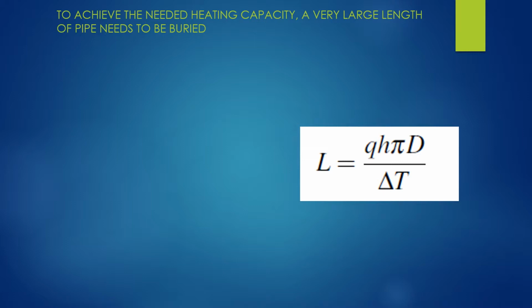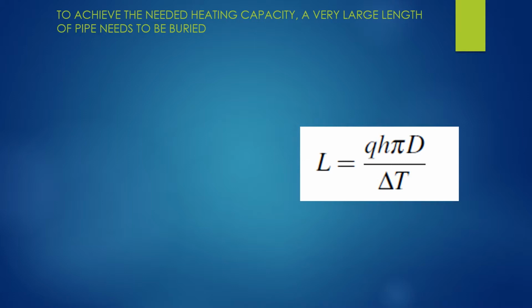To achieve the needed heating capacity for an in-ground heat pump system, a very large length of pipe needs to be buried. We calculated this length of pipe for a couple different scenarios to get a feel for our model and the accuracy of it.